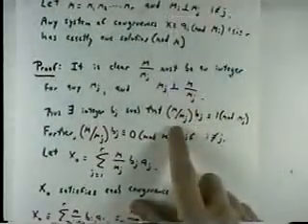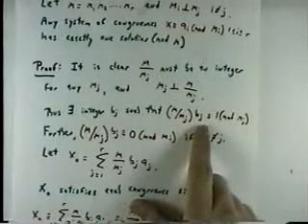Now I'm prepared to talk about what my integer is, the solution to all of these things. Remember, for any given congruence j, I let b_j be the unique solution to this congruence.